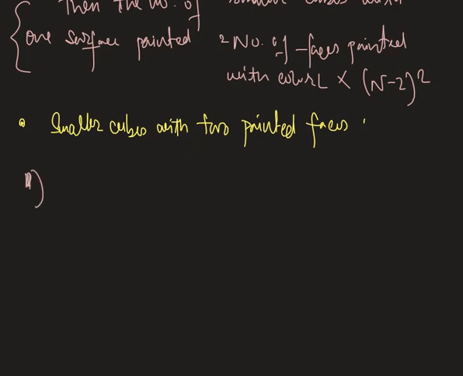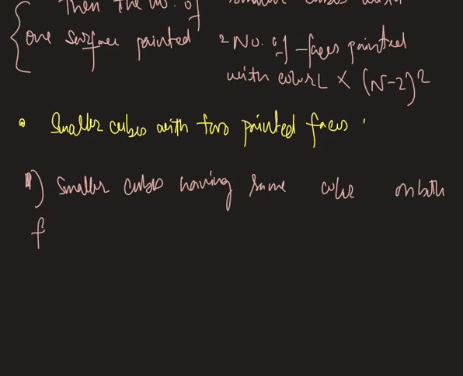The first way is smaller cubes having the same color on both faces.